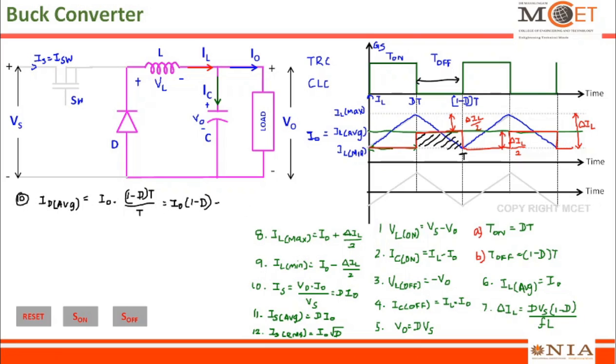This is the expression for the diode average current. Let it be expression number 13.